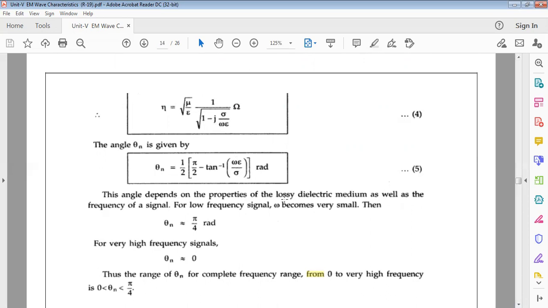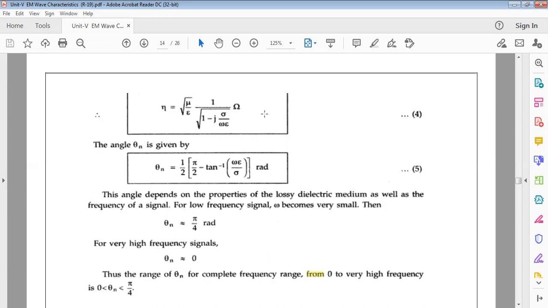This angle depends upon the properties of the lossy dielectric medium as well as the frequency of the signal. For a low frequency signal, the omega becomes very small. Then theta n is equal to pi by 4. Actually, this imaginary coefficient is in the denominator, my students.